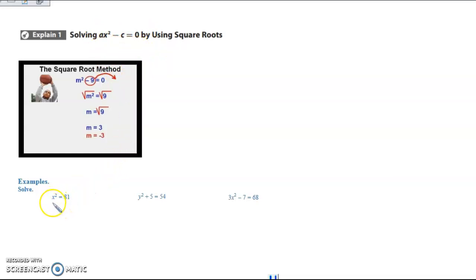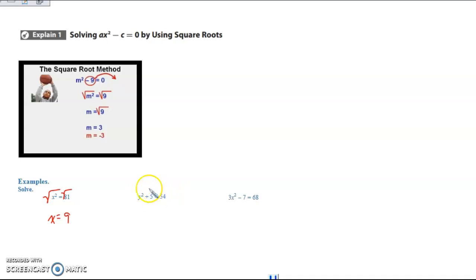So here I have x squared equals 81. Well, nope, I don't have to move it. I was thinking when it's bigger. So the square root of x squared is x. The square root of 81 is 9.